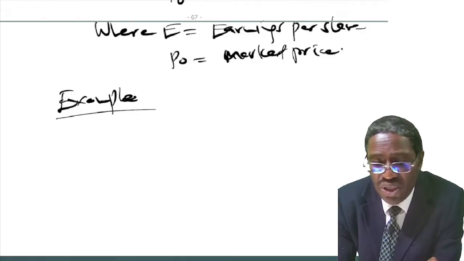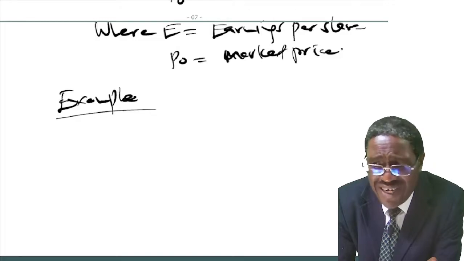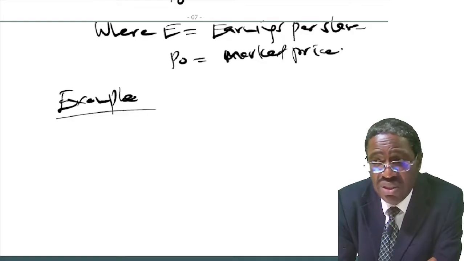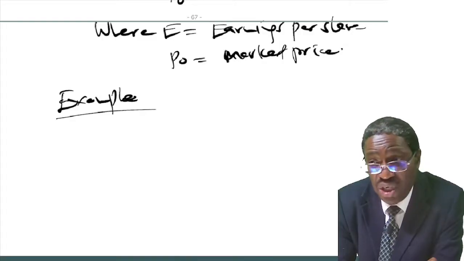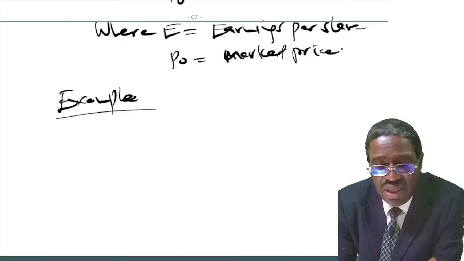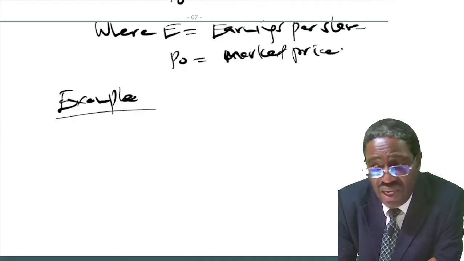The expected dividend at the year end is shillings 14.1 per share.